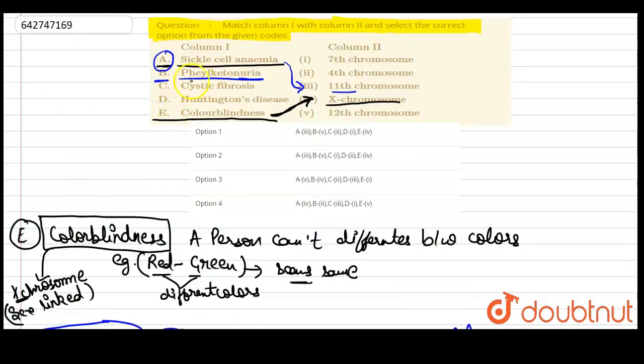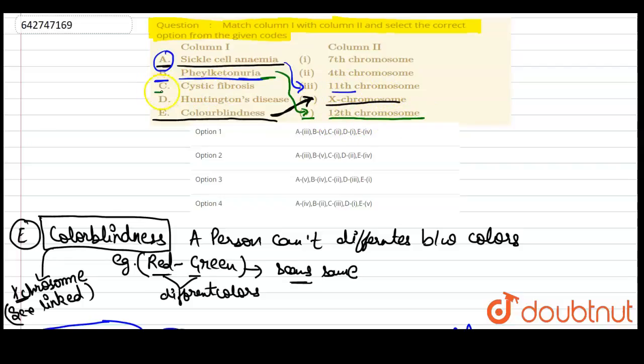So phenylketonuria is linked with the 12th chromosome. That is the fifth option.